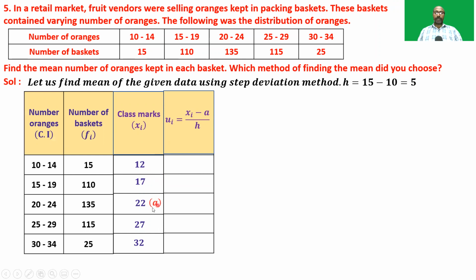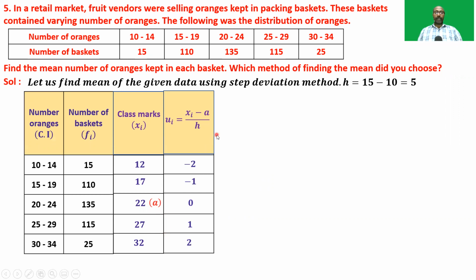So (12 minus 22) by 5 is minus 2. Then (17 minus 22) is minus 5, by 5 is minus 1. And 22 minus 22 is 0, by 5 is 0. Similarly, 27 minus 22 is 5, by 5 is 1, and the last one is 2.